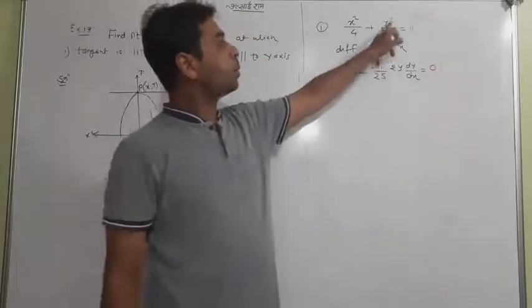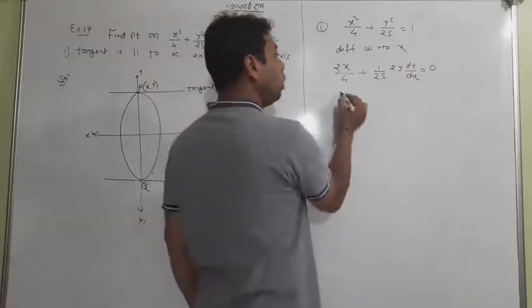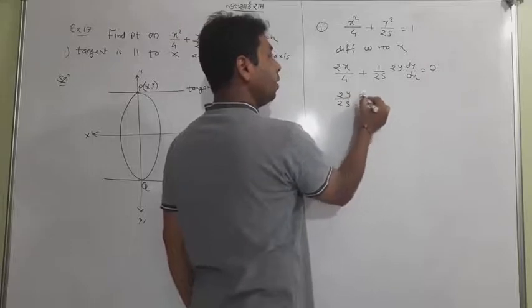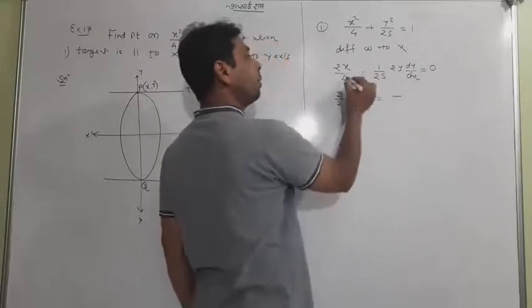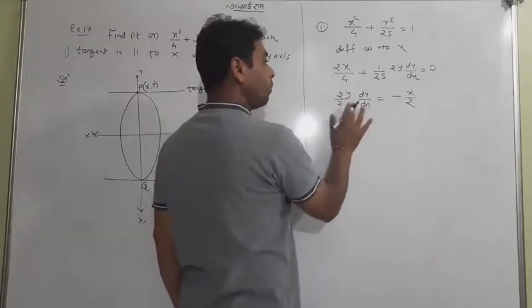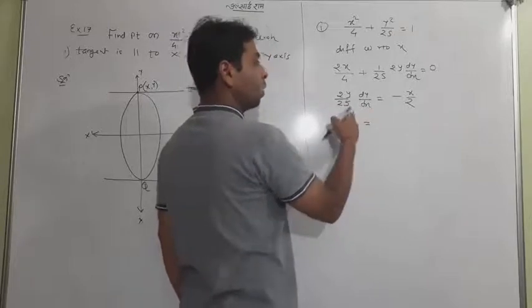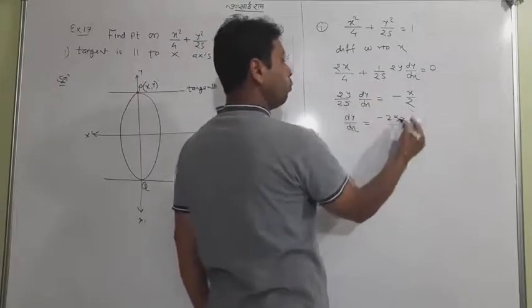That's so simple. So overall we have 2 by 25 y dy by dx is equal to, this will transfer to that side, so x by 2. So dy by dx will be 25x upon 2 times 2, which is 4y.